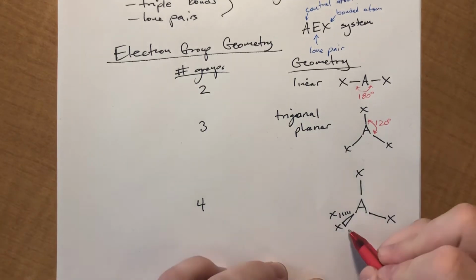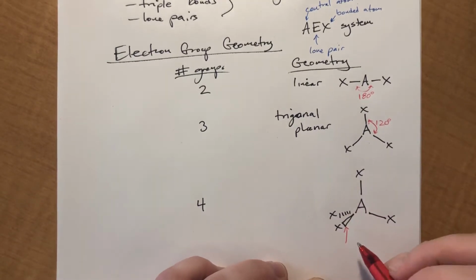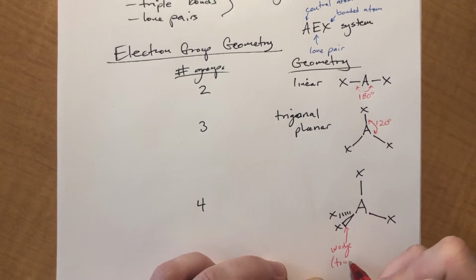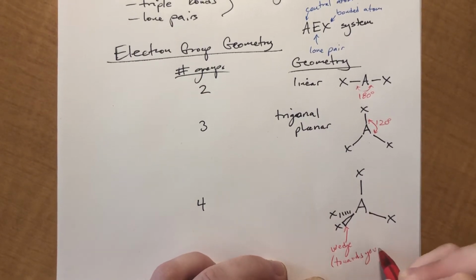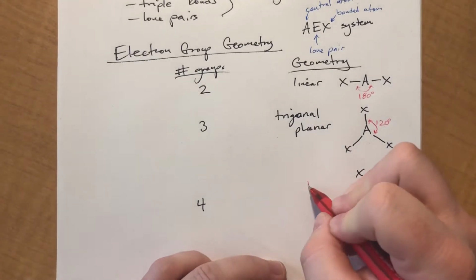The ones that are flat, the straight lines, are in the plane of the paper. The wedge means towards you, and the dash means away from you.